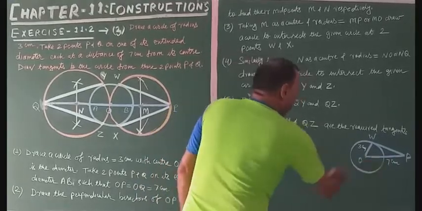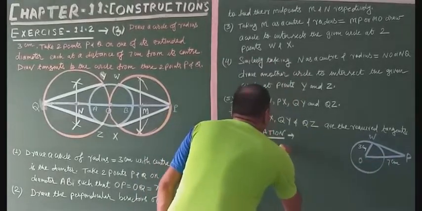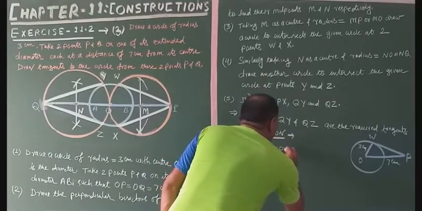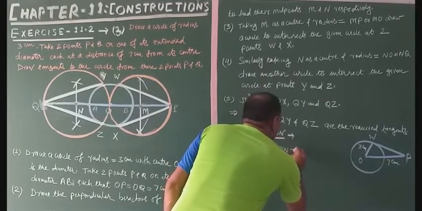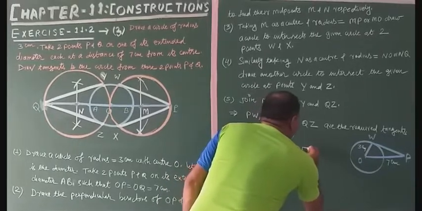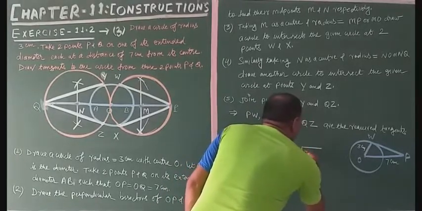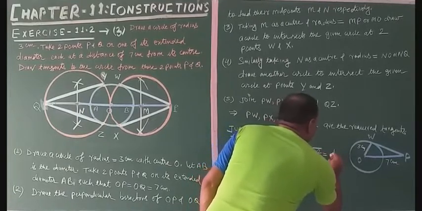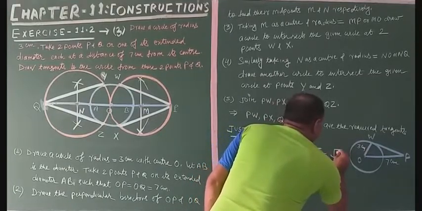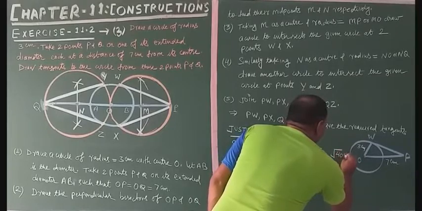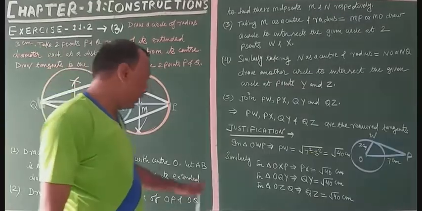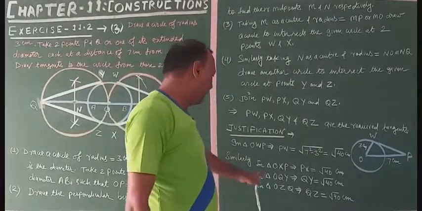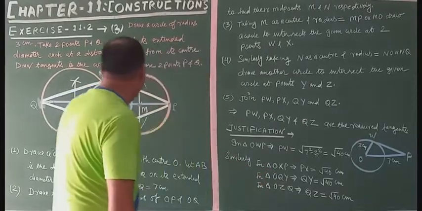So what will be the length of this PW? This will be square root of 7 square minus 3 square, that is root 40 centimeters.